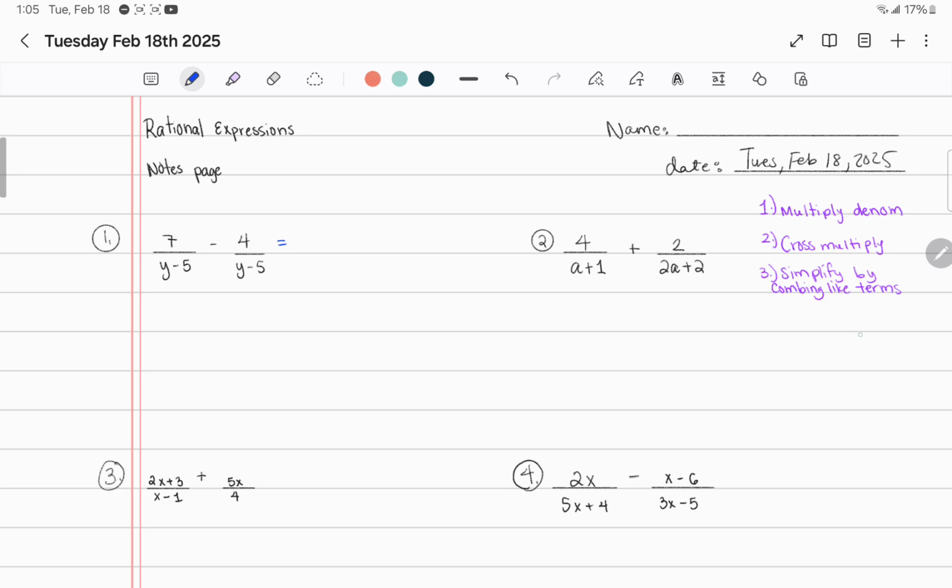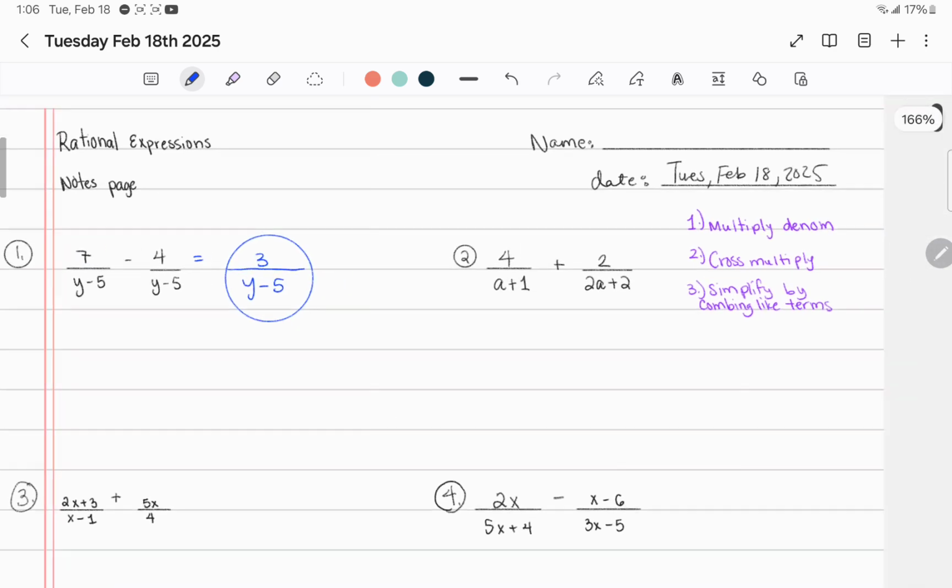We're actually going to skip all the steps because they match. These are the steps if the bottoms do not match. In this case, the denominators do match. So you're actually just going to write it on the bottom and then just subtract the top. So 7 minus 4 is 3. That one's easy. That one's done because the bottoms already match.